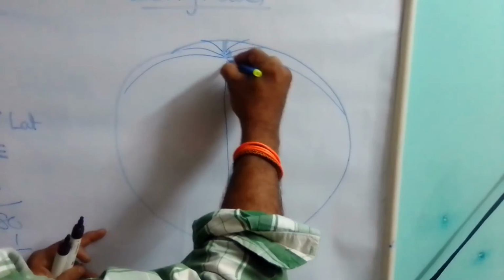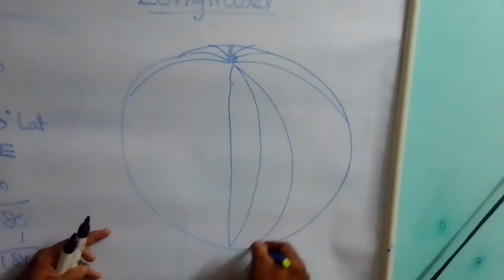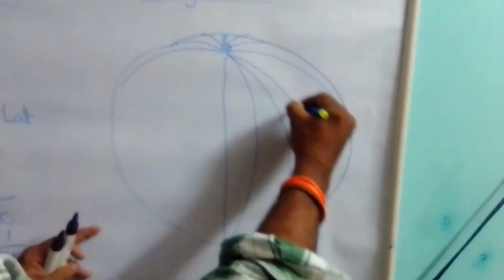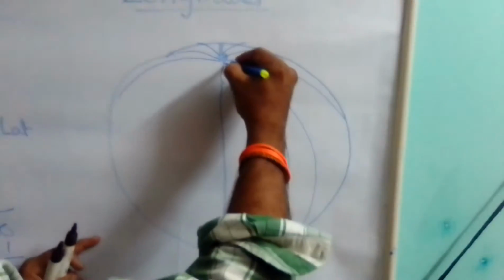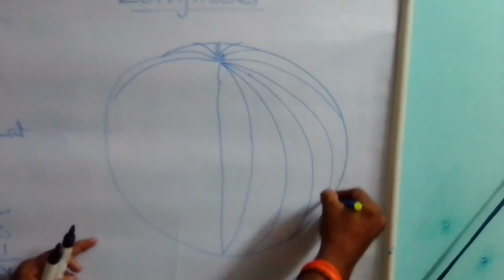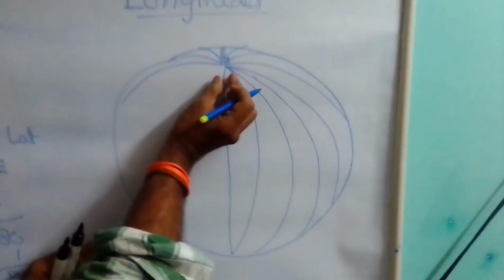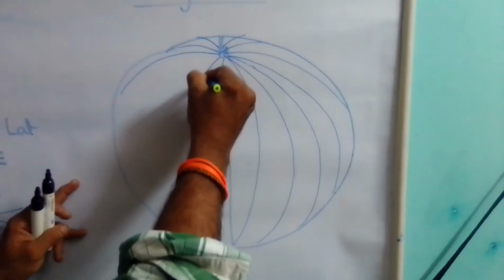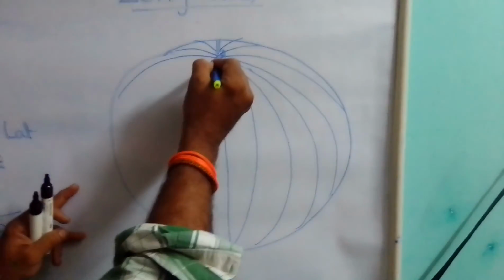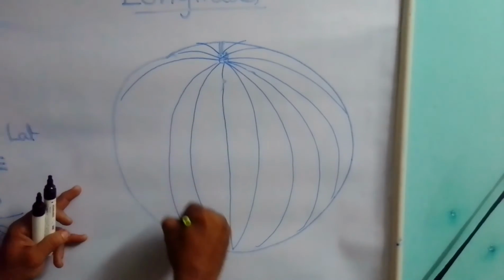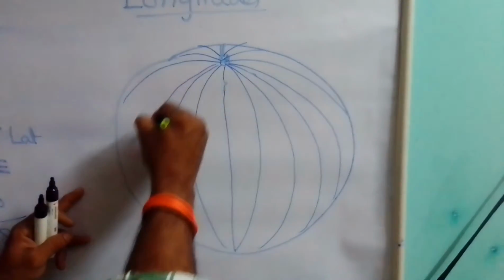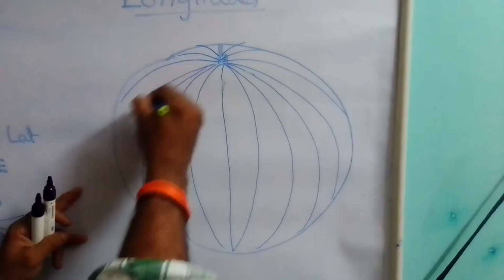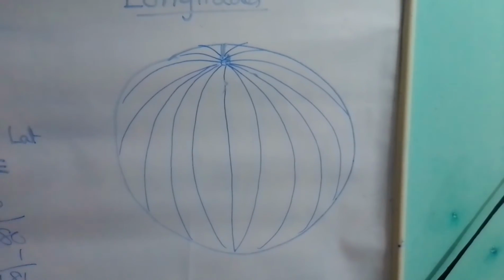And if you observe, all these lines are converging at poles. See, all these lines are meeting at poles. It means whether the latitudes we are observing, they are circles, whereas the longitudes are semicircles or half circles.